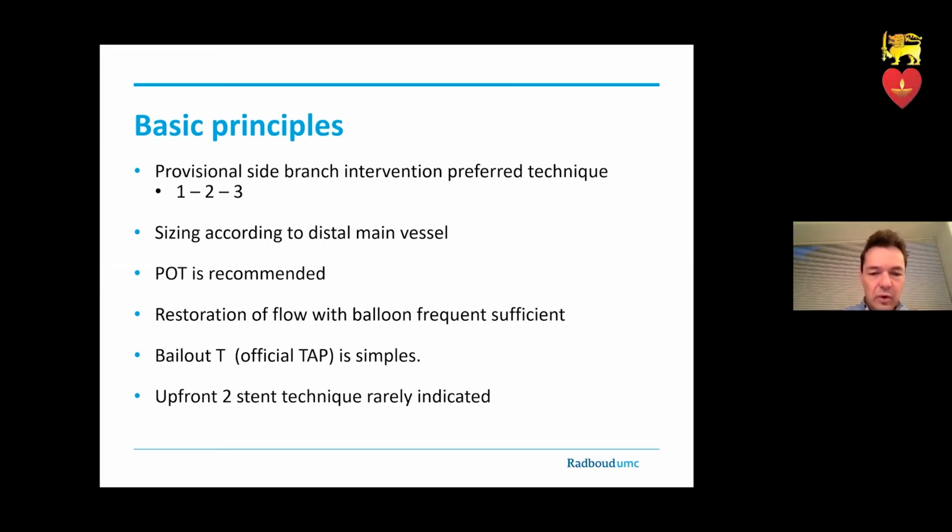Then restoration of flow with the balloon is frequently sufficient if you have an occlusion of the side branch, and that's still called a provisional approach. The provisional T, where you pass a stent later on if you still have not sufficient flow in the side branch, is the simplest way to solve any problem. And then, just as I said in the beginning of my presentation, upfront two-stent technique is rarely indicated.